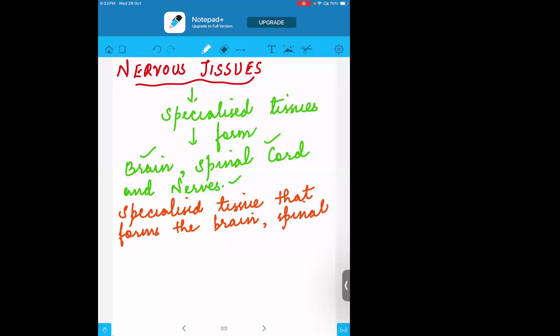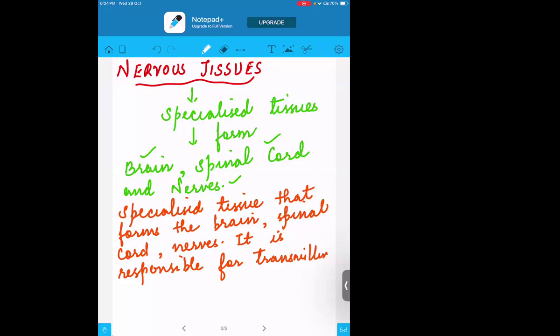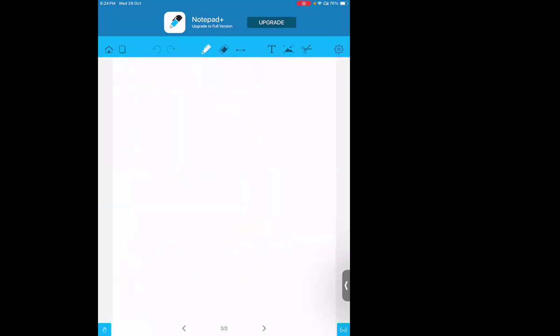In the brain and the spinal cord we have nervous tissue, and in the nerves we have the nerves only. What is their function? It is responsible for transmitting messages, transmitting meaning to transfer the messages, within the body. Whatever messages have to be transferred within the body will be done by this nervous tissue.